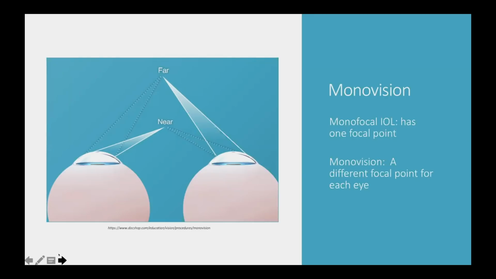So each IOL still has one focal point, but you choose a different target in each eye. Essentially, the lens that's put in one eye will correct for near vision, and the lens that's put in the other eye is going to correct for distance vision. So the idea is with both eyes open, you should be able to see pretty well in the distance and also pretty well up close. And that's what monovision means.